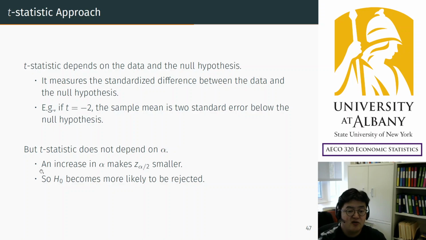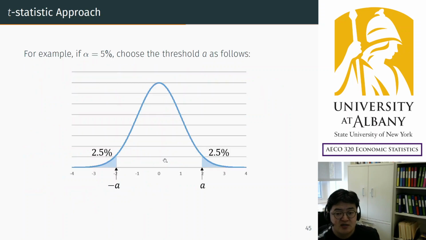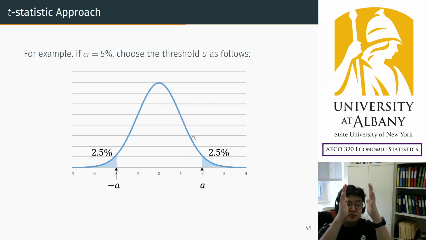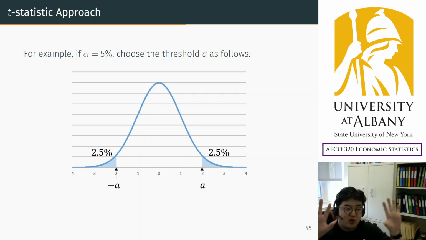And then you may say the same thing: an increase in alpha makes this z smaller so that you are going to reject more. If alpha is 5%, then you have near 2. But if alpha increases to 10%, then plus minus a should shrink, becoming narrower, and there should be more tail probability.